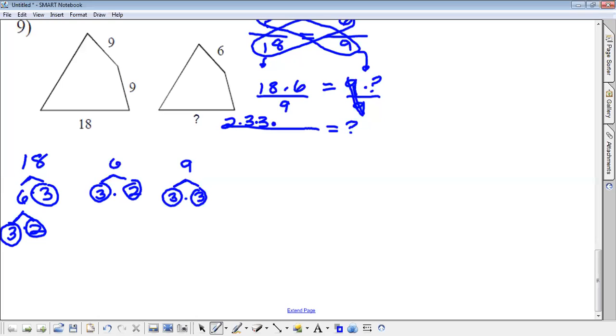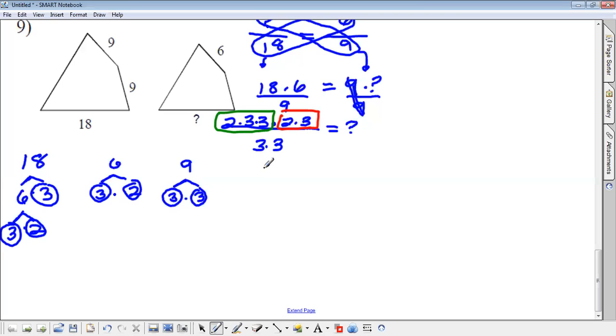Now, what are the factors of 6? 2 and 3. What are the factors of 9? 3 times 3. So the thing to notice is this is 18, this number is 6, and this is 9.